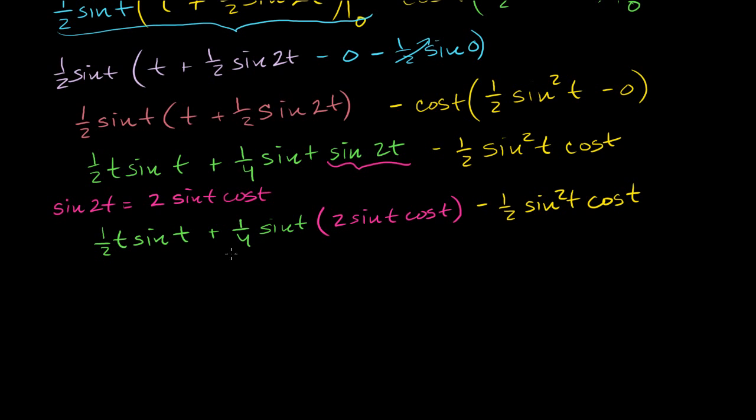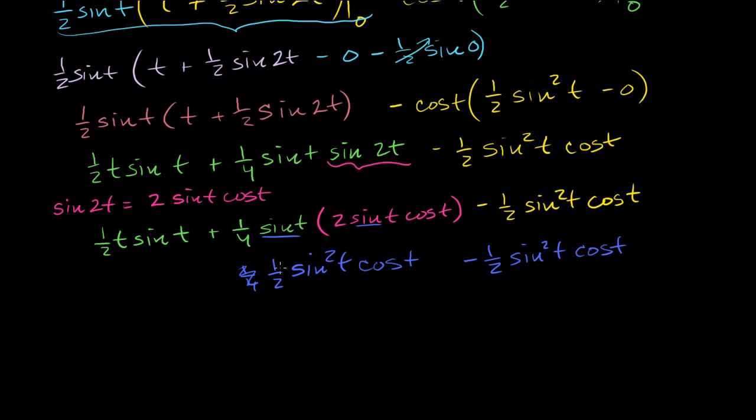So what is this simplest? Let me rewrite this part. This is equal to 1/4 times 2, which is 1/2, and then sine squared of t, cosine of t. This sine times this sine gives sine squared of t cosine of t. And then this one over here is minus 1/2 sine squared of t cosine of t.